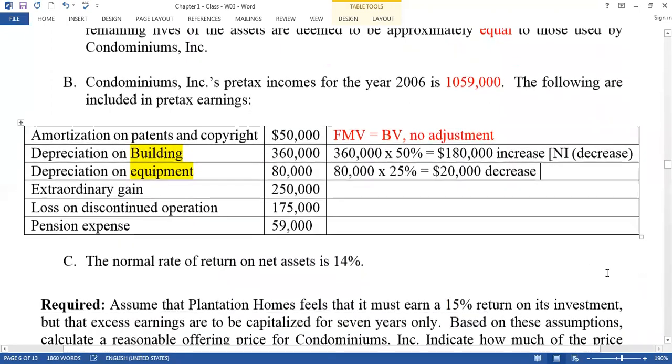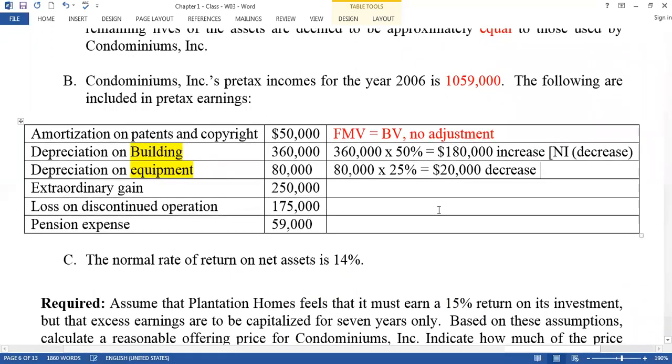If in future your depreciation expense decreases, that means in future our net income will increase or decrease? Increase, yes. So here decrease means minus, and increase means plus sign, right?